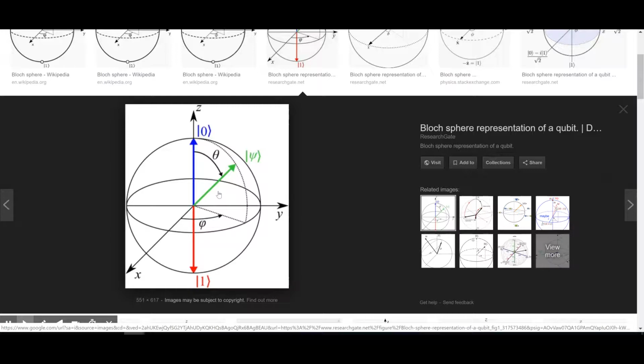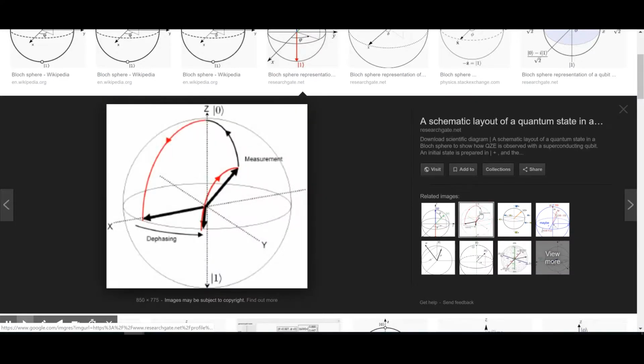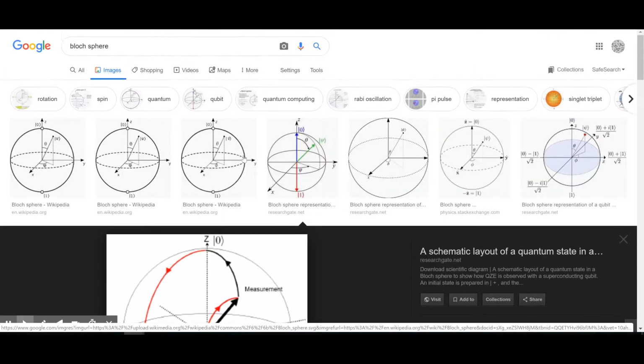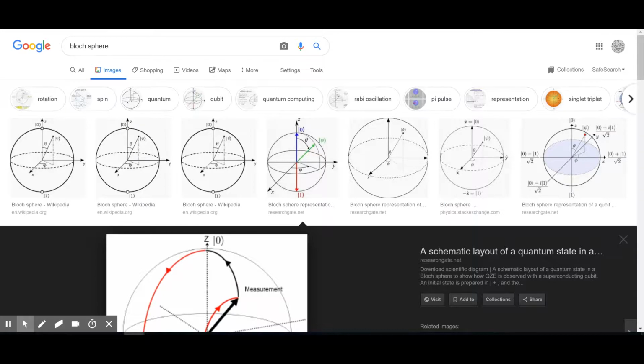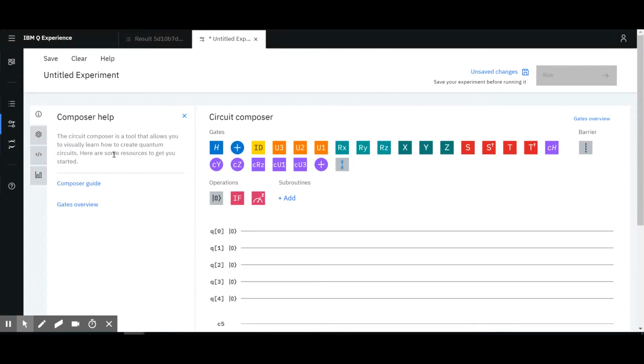You can't just have two Bloch spheres and that's it. There's a bit more to that, and some interesting stuff in here I see. Phasing, dephasing, whatever. I think that's an interesting concept. So let's play around with this a little bit.